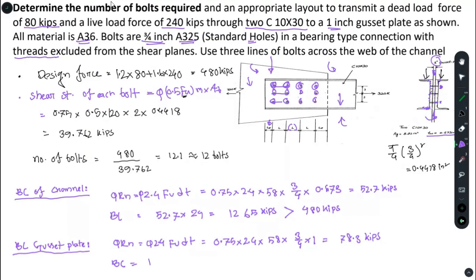So you will just multiply the value 78.3 with 12, and you will get a value of 939 kips, and which is greater than the external loadings.